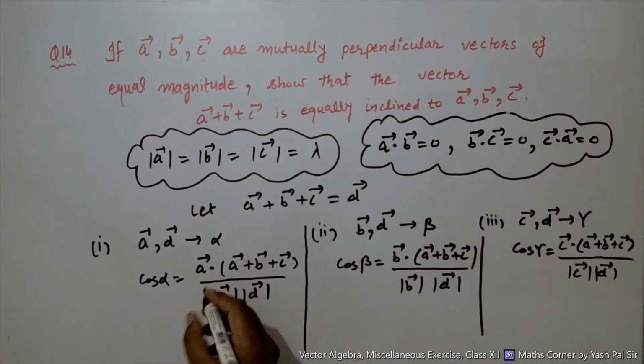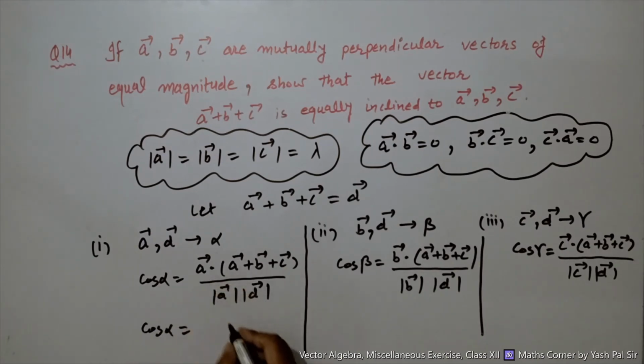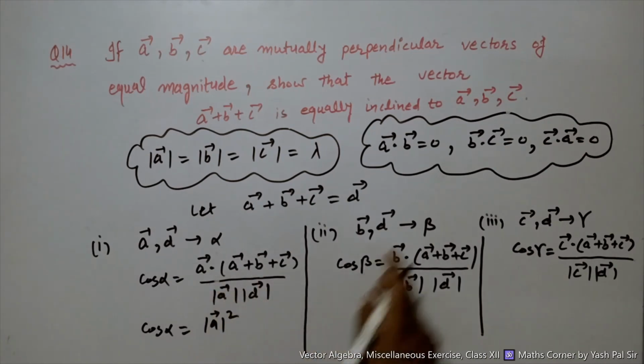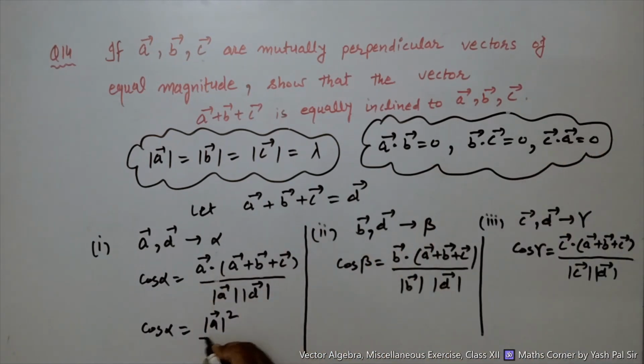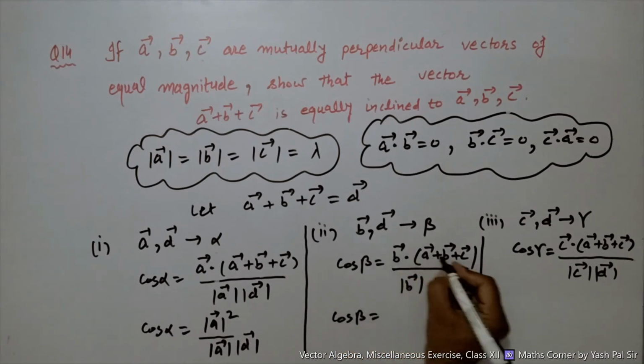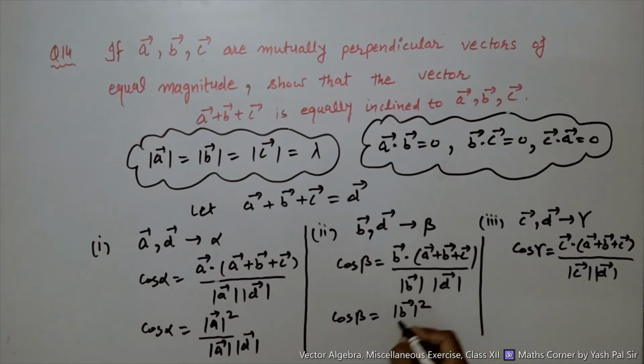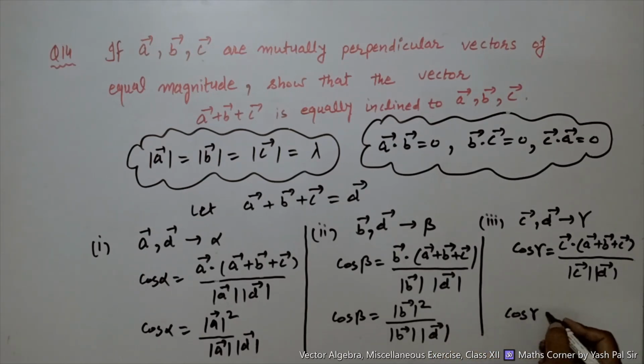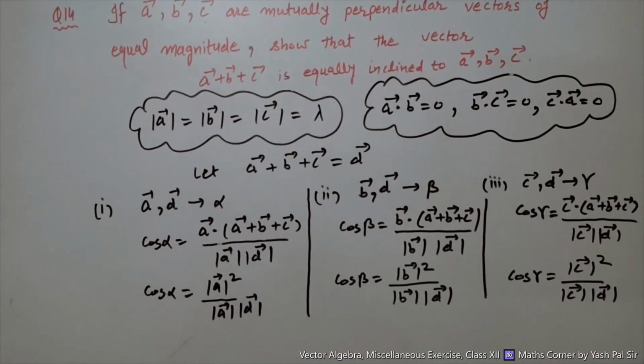Now here, in cos alpha, A dot A is magnitude of A whole square, A dot B is 0, A dot C is 0, divided by magnitude of A into magnitude of vector D. Again cos beta is similarly magnitude of B whole square upon magnitude of B into magnitude of D. Cos gamma is magnitude of C whole square divided by magnitude of C into magnitude of vector D. So what is given?